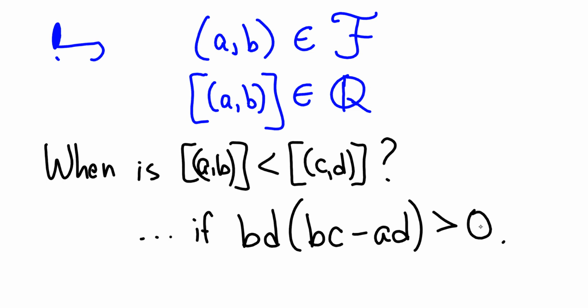That's what we say. And so I would encourage you to pick two rational numbers, one that you know is less than another. Try the definition. Make sure you get a feel for it.